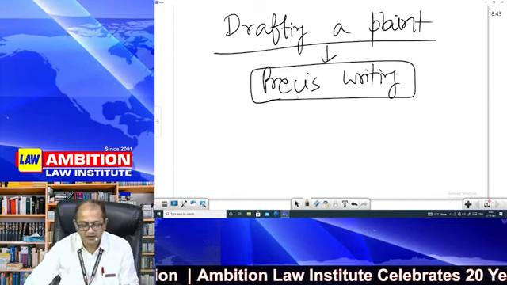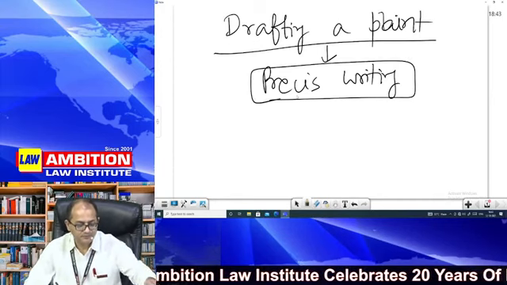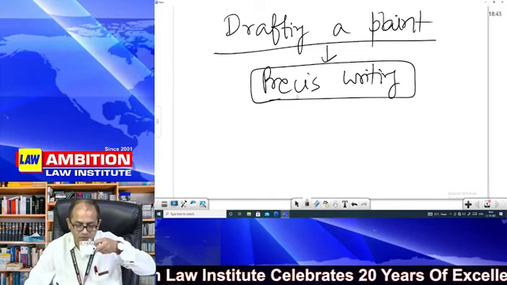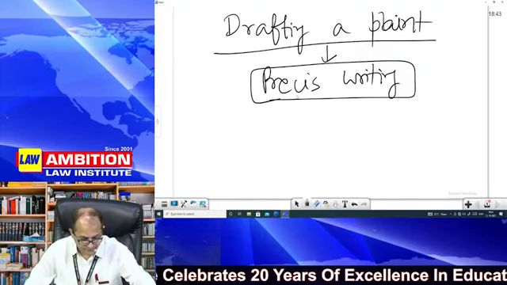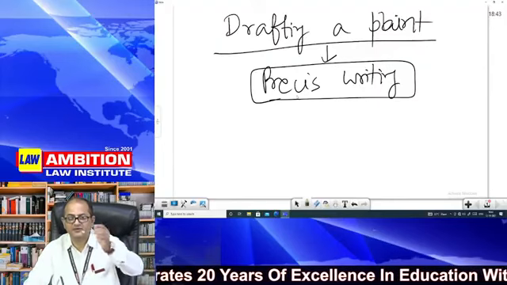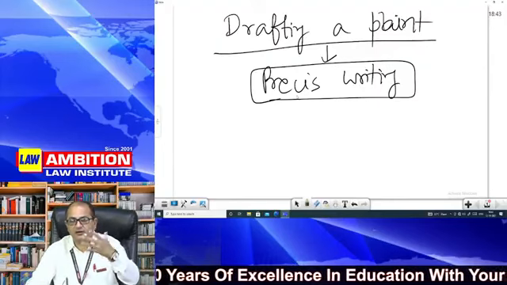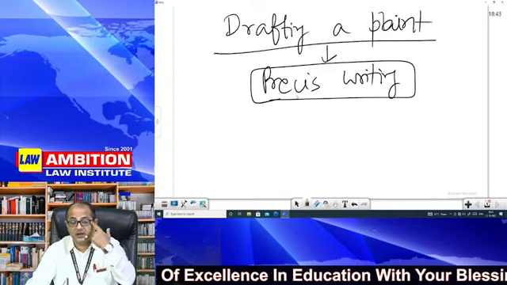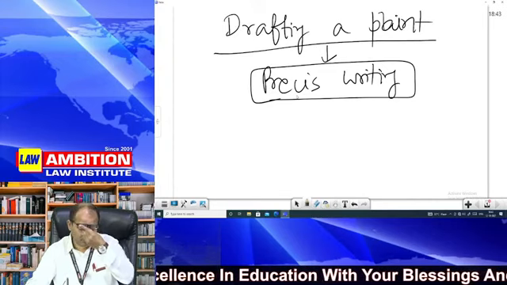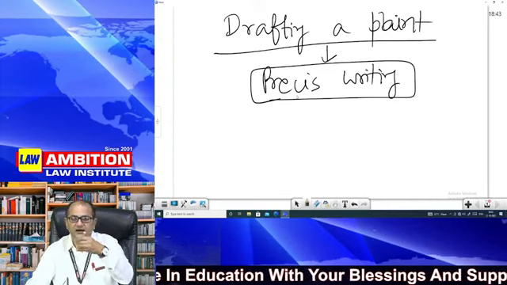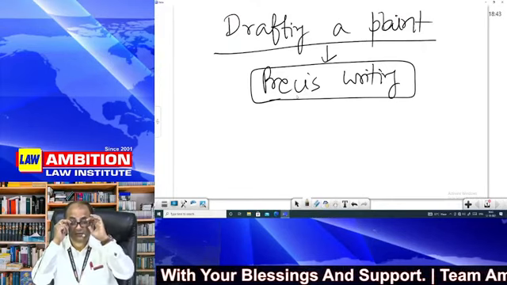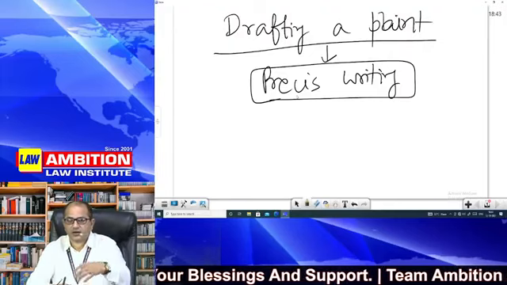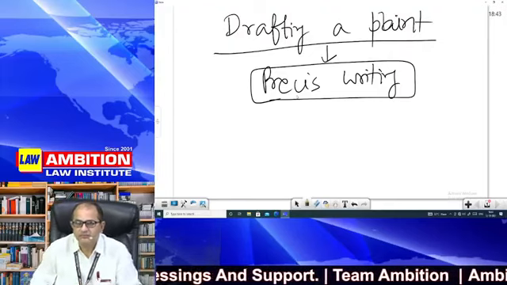See, a client comes to you and he will tell you many stories. He will talk about violation of his rights, he will talk about many things. Then you are required to decide the question that which rights are violated. कौन सा right यहाँ violate हो गया and what kind of remedy should be sought.